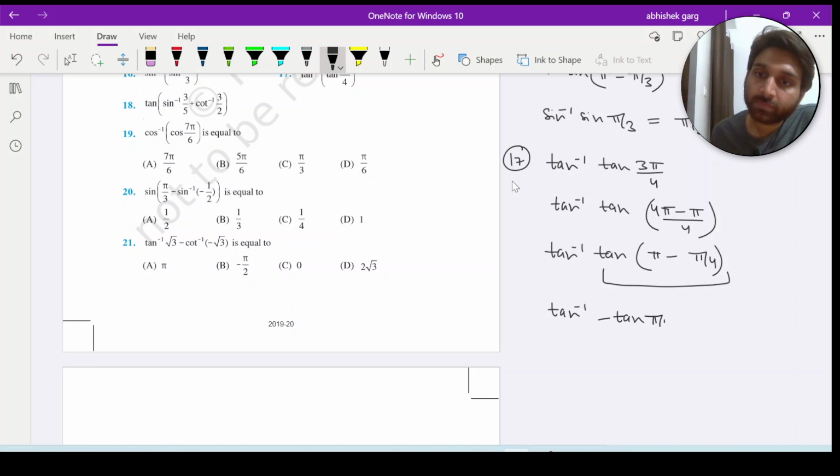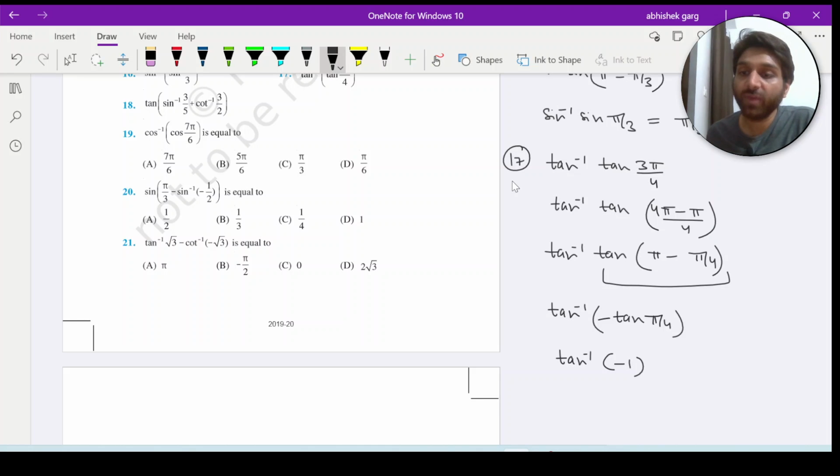Why minus? Because pi minus pi by 4 will lie in the second quadrant, and in the second quadrant everything apart from sin theta and cosec theta has a negative value. So tan is going to give us a negative value. Now, what is the value of tan pi by 4? Tan pi by 4 is tan 45 degree, which is equal to 1. So this becomes tan inverse of minus 1.